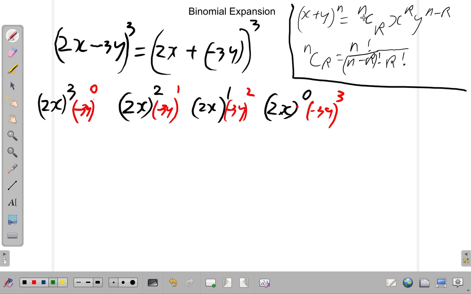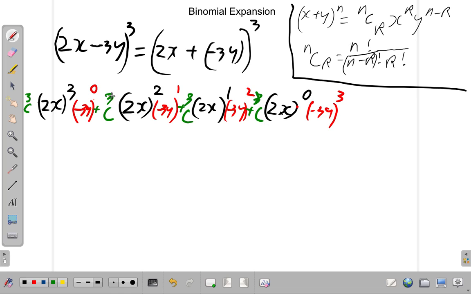Notice the formula, nCr, x to the r, y to the n minus r. Now, n will always be 3. So it's 3c something plus 3c something plus 3c something plus 3c something.